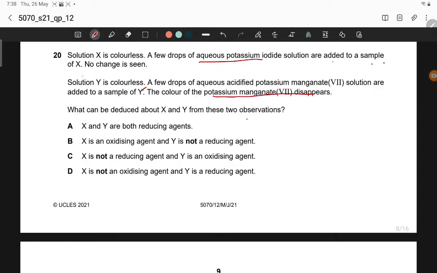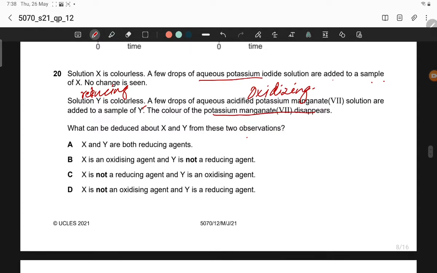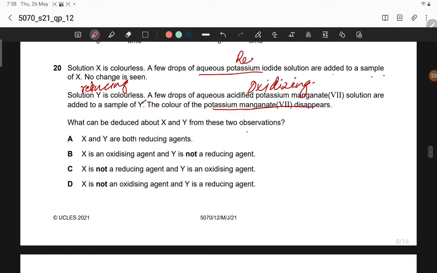It means Y is a reducing agent, because potassium manganate is an oxidizing agent. If no color change is seen with potassium iodide, it means X is not an oxidizing agent.